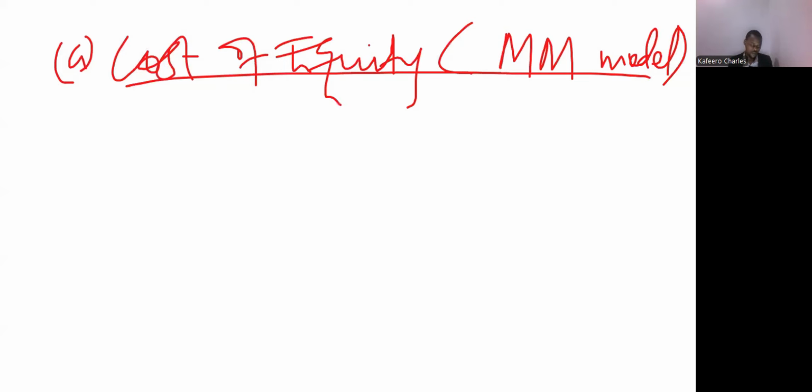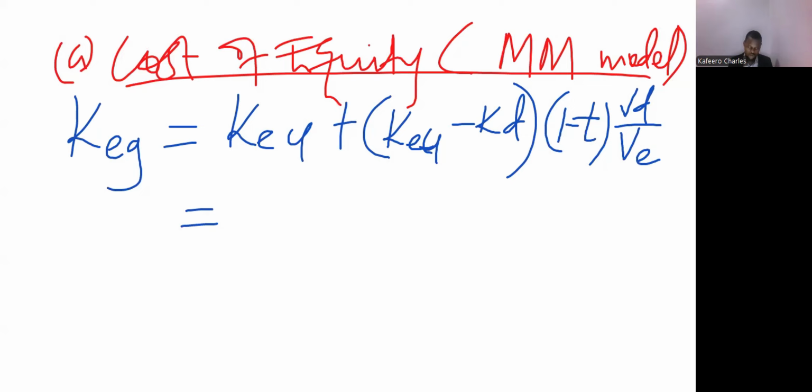So we all know the information. The cost of equity of a geared company is what we are looking for. It is the one that we are looking for. But we have the cost of equity of an ungeared company.